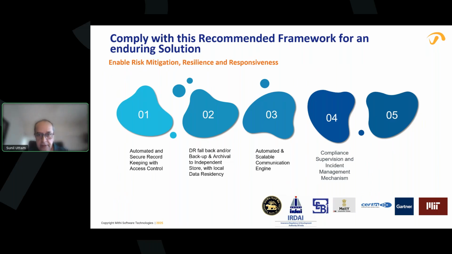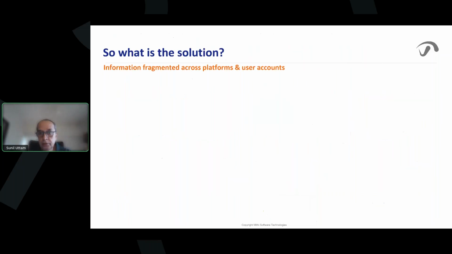So what these experts are saying is keep a copy in one place, and now you can do a lot of work there, and enable discovery, so you can serve audit requests or investigations with a single pane of glass. And this is the recommendation to solve those problems.